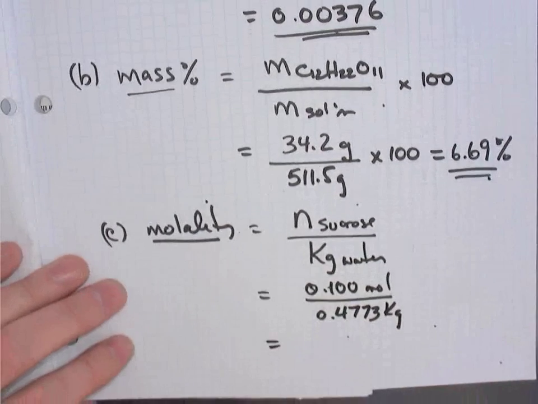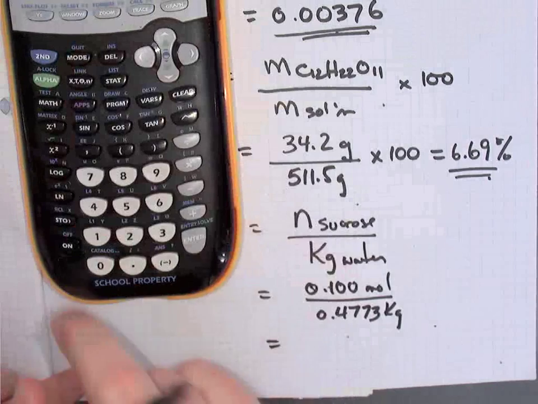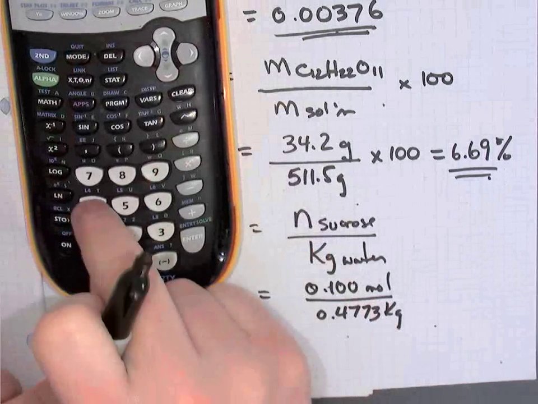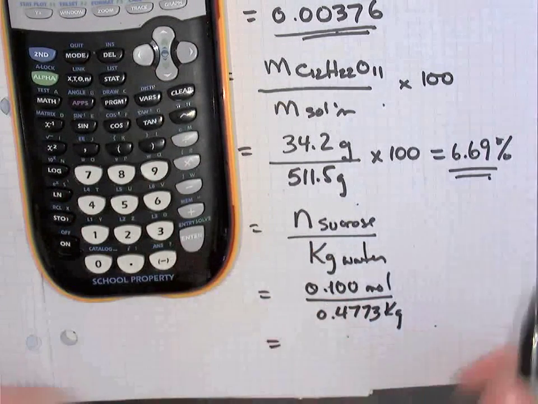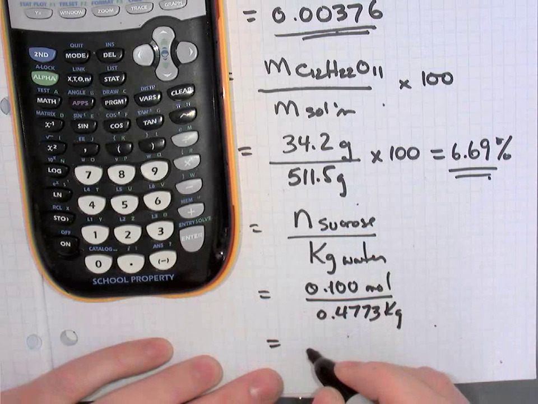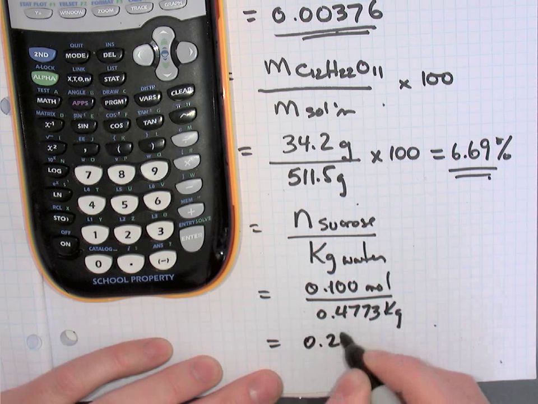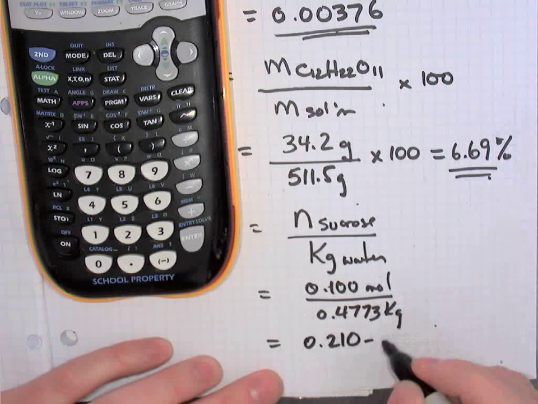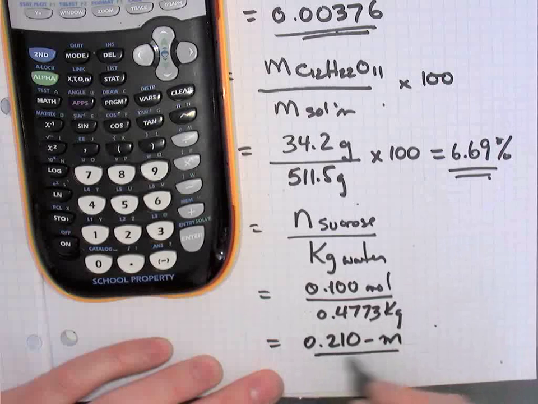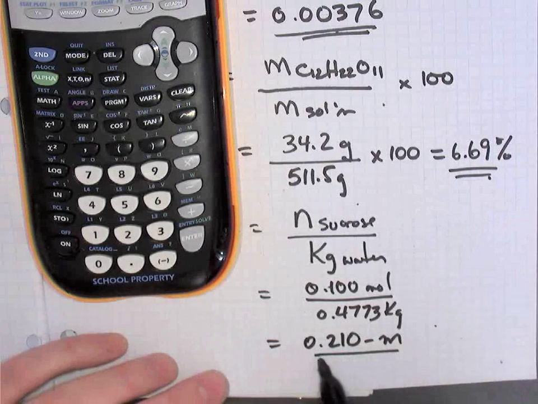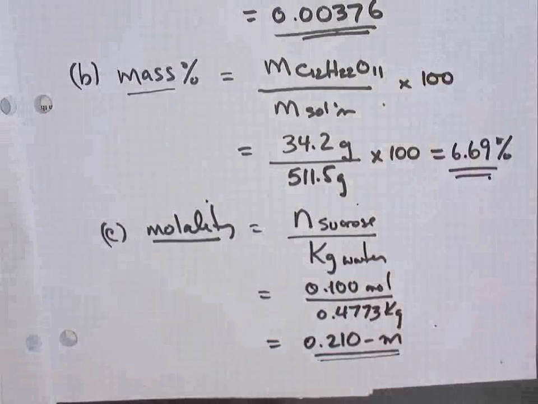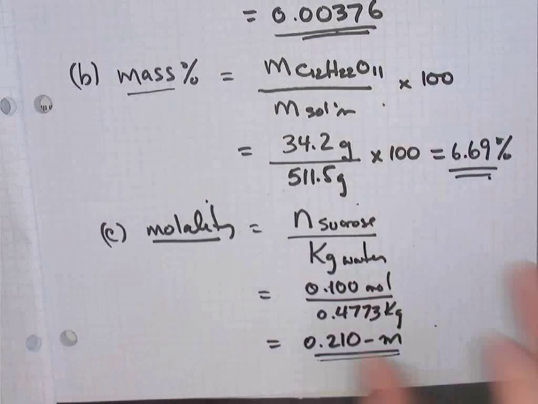And that's going to equal 0.1 divided by 0.4773. We'll keep 3 significant digits, 0.2095, so 0.210. And then molality was scripted M. So there's the molality of the solution, 0.210 molal.